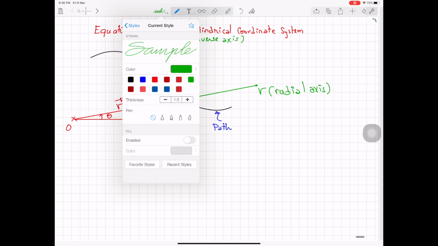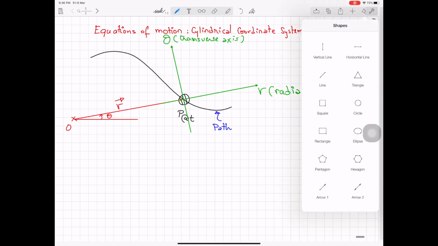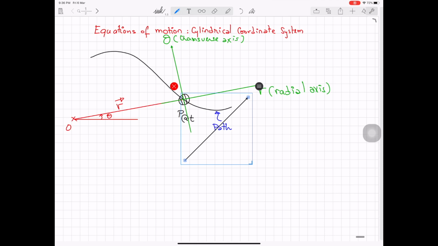Now assume that the particle has a mass m and it is subjected to forces. Those forces can be in any direction. Let's say when we take the resultant, we have the sum of all forces.